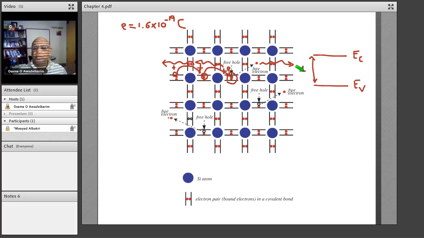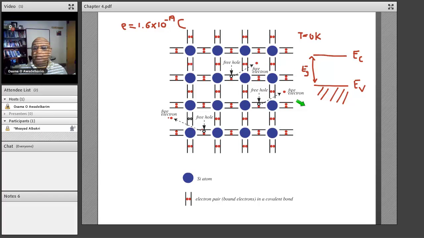The picture at t equals 0 is such that there are no free electrons in the conduction band, and the valence band is completely full. So this is this network with all the bonds occupied. That's what we have here.